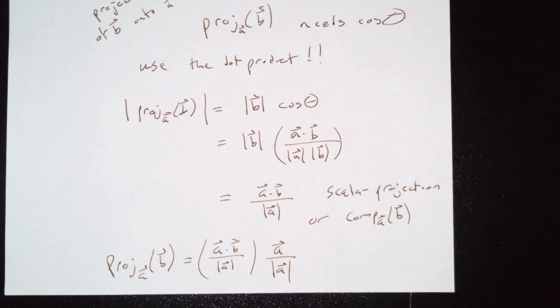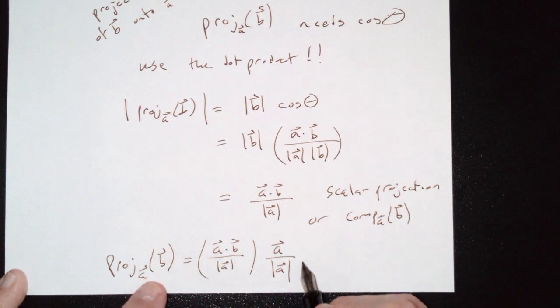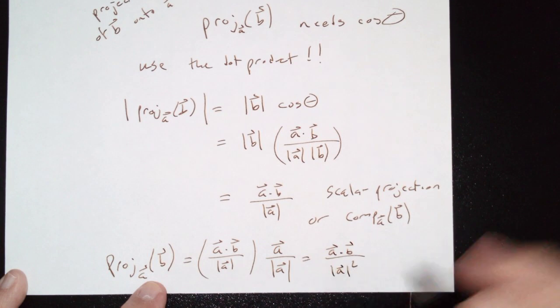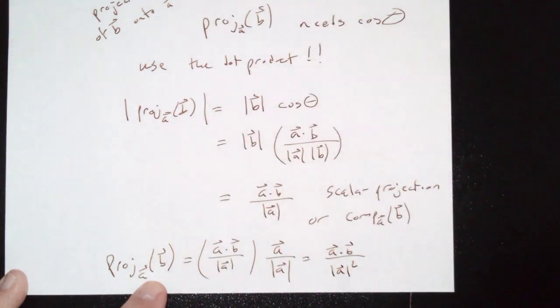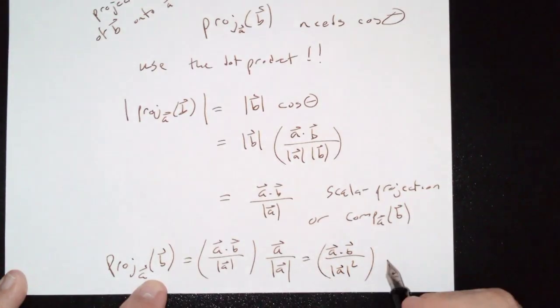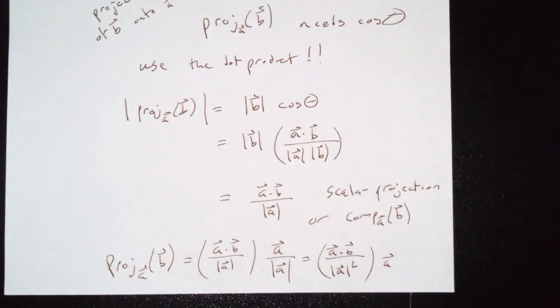Please notice, this is a number on the bottom. This is a number inside the parentheses. I can put those together and I can write this as A dot B over length of A squared. That's another dot product, isn't it? Number times A. And isn't number times A a contraction or an extension of A?